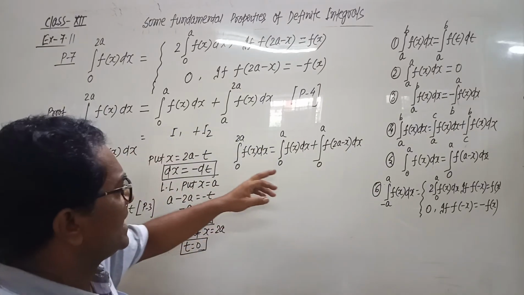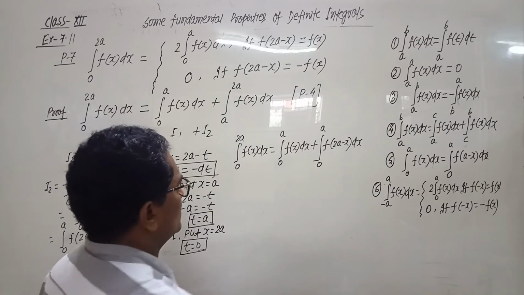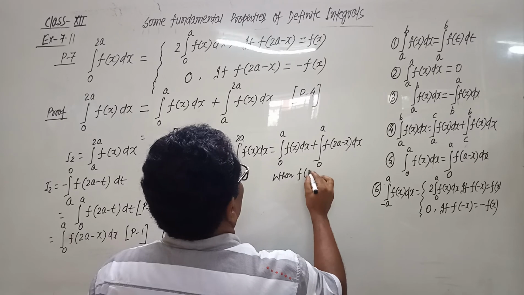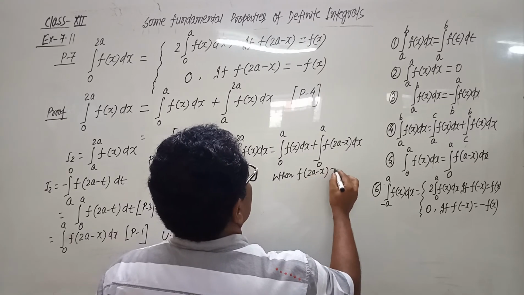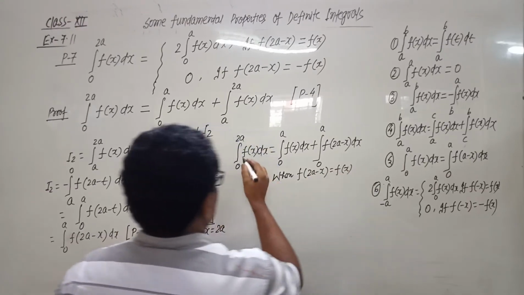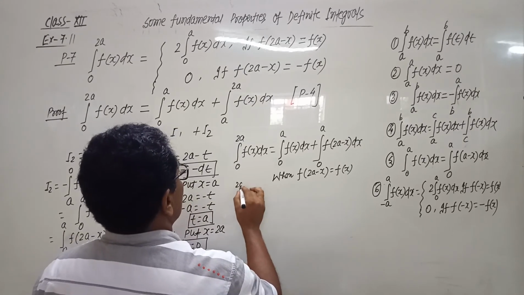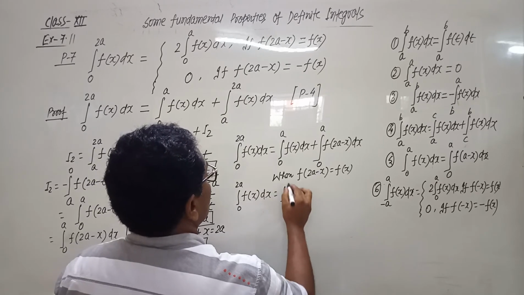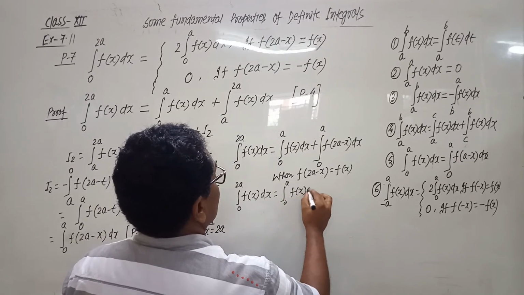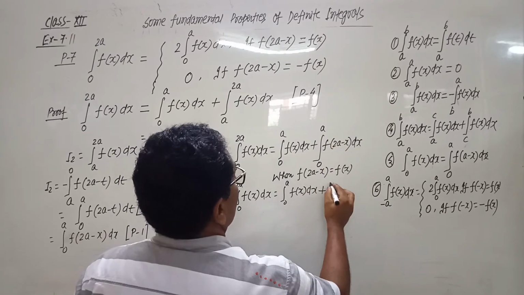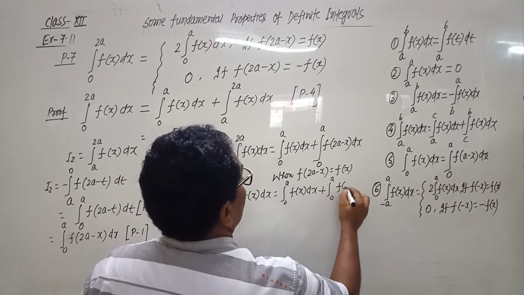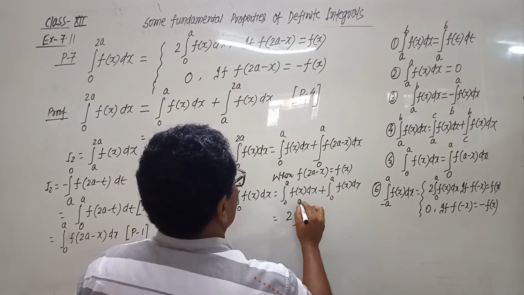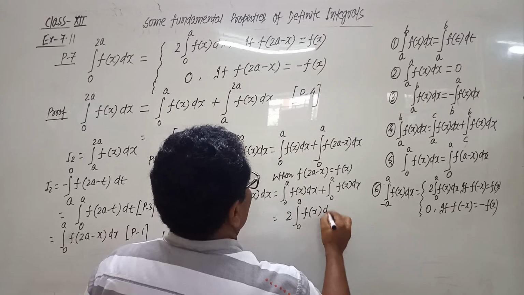So when f of 2a minus x is equal to f of x, then this expression 0 to 2a f of x dx becomes integration 0 to a f of x dx plus this also becomes 0 to a f of x dx. So it comes twice integration 0 to a f of x dx.